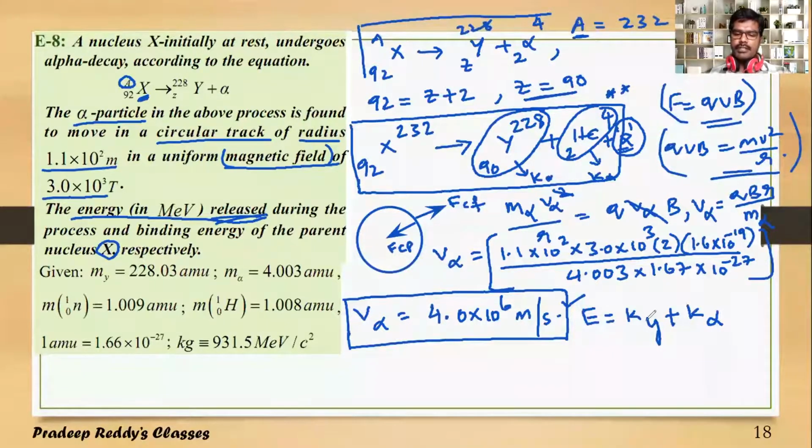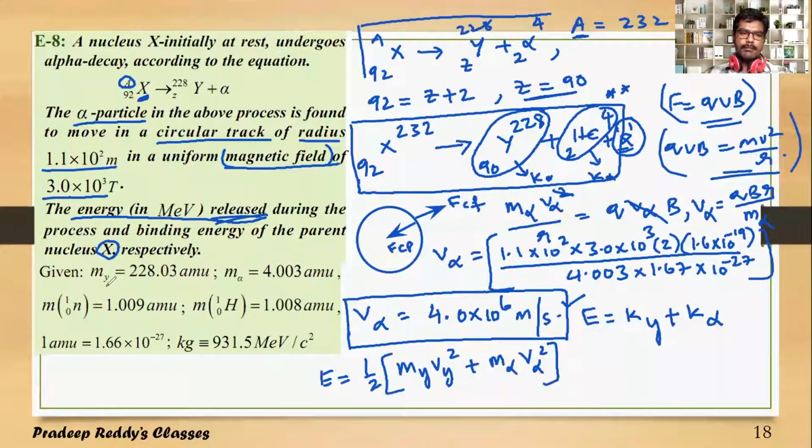Now in order to find out this kinetic energy, you should find out velocity of this Y. So E will be equal to half, I can take it common, mass of Y, velocity of Y whole square plus mass of alpha, velocity of alpha whole square. Mass of Y is already given in the problem. Velocity of Y you do not know. Velocity of alpha we have calculated. Velocity of Y you should now find out.